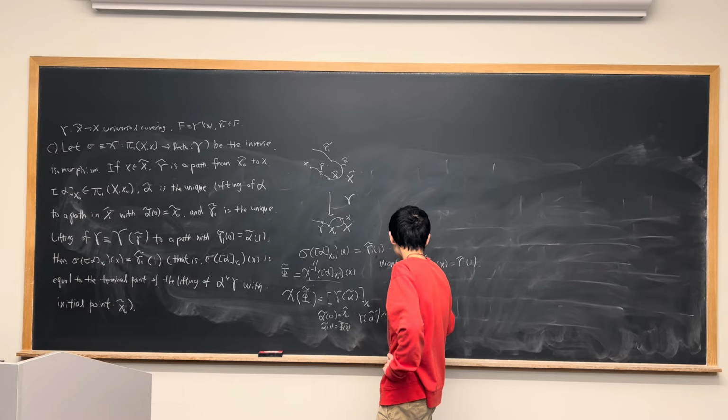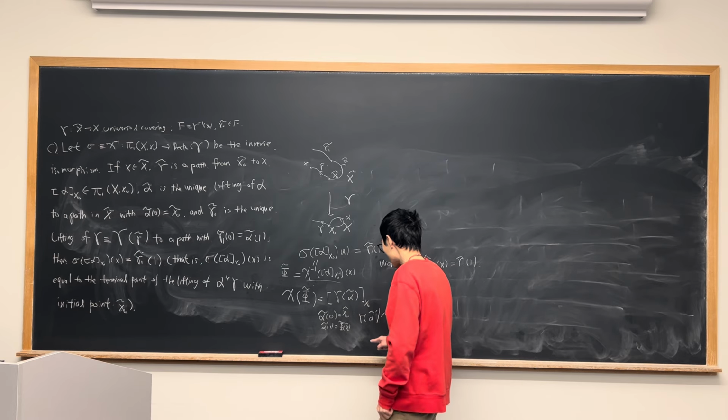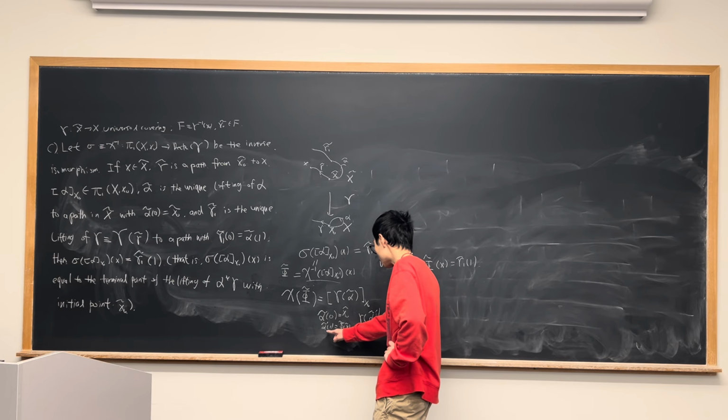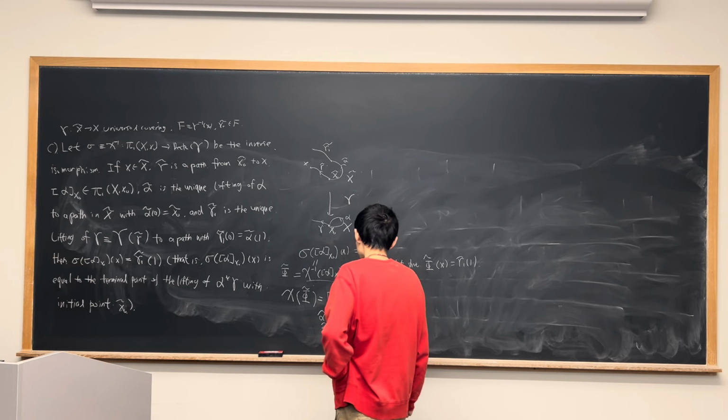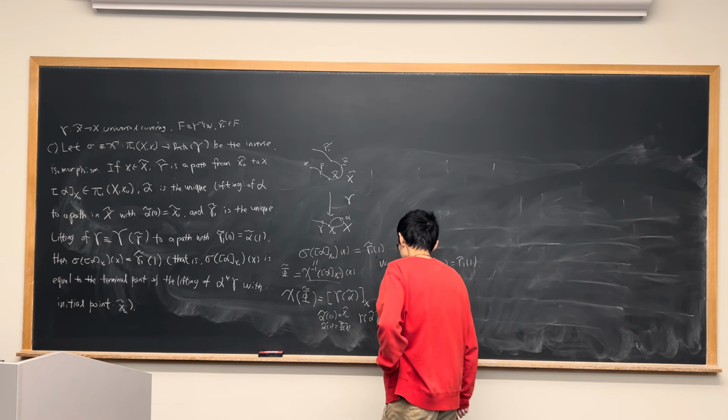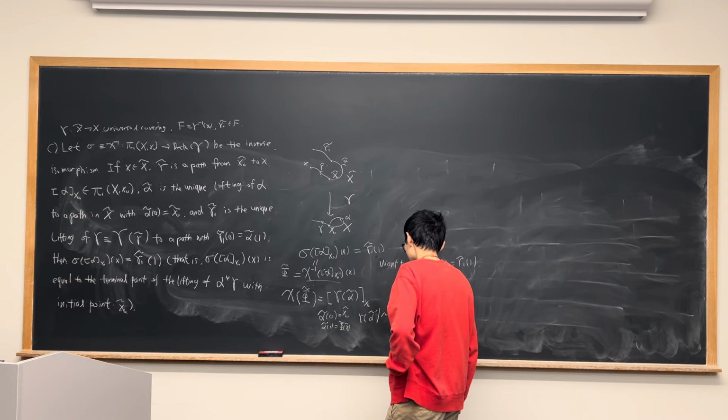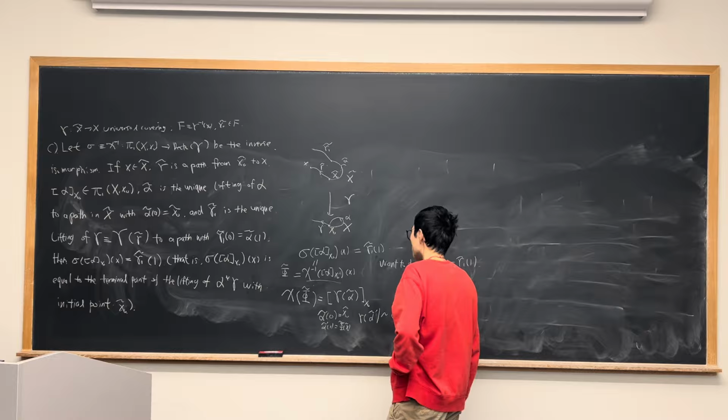You want to see from some information about this phi. To know this one, I want to know something about this alpha tilde prime. I know that this alpha tilde prime is homotopic to alpha.